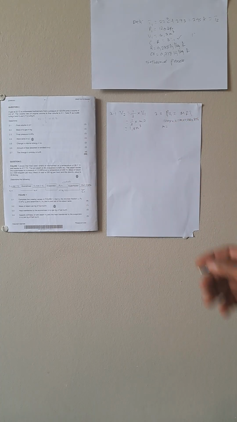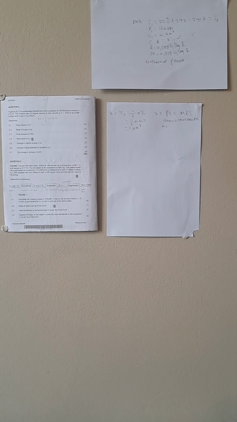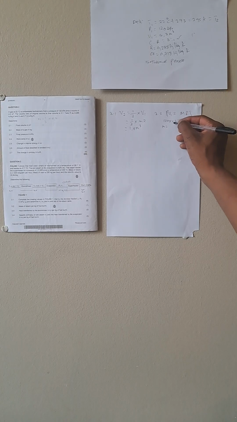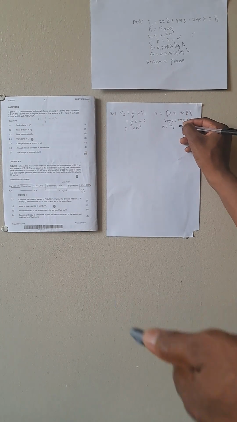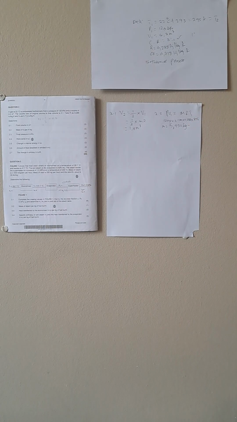Let's substitute to get our mass: 120 times 4.2 divided by 0.288 times 295. We are getting something like 5.932 kilograms.